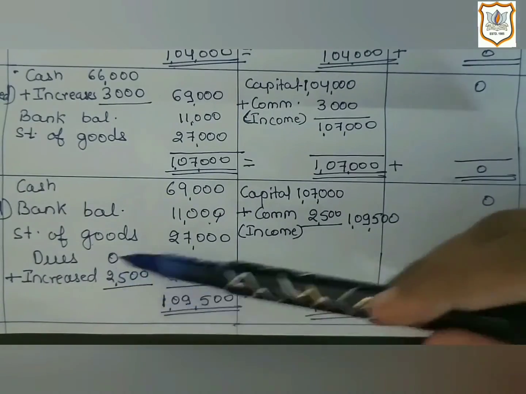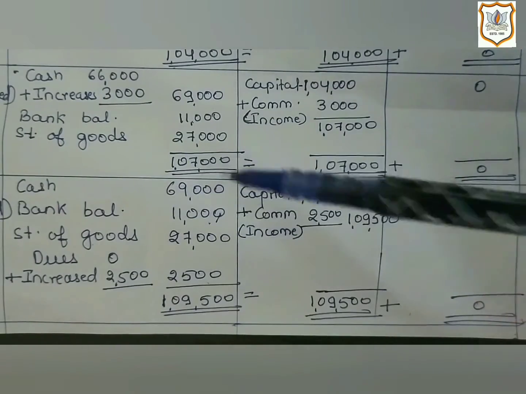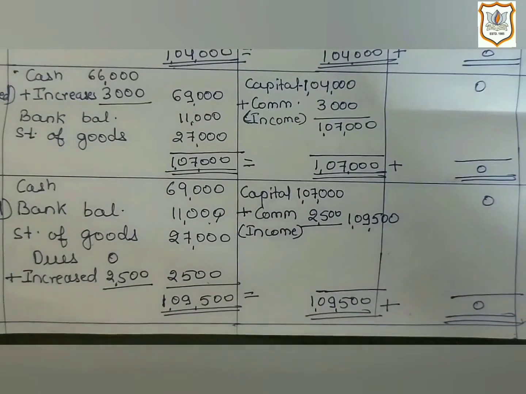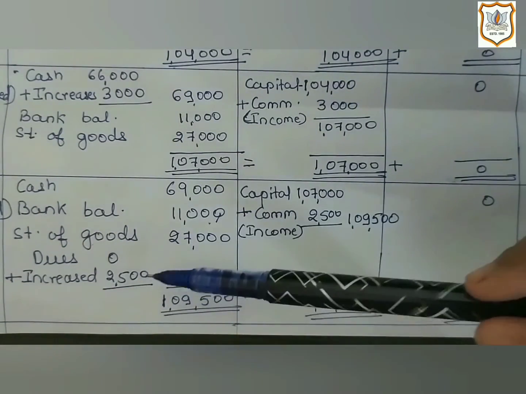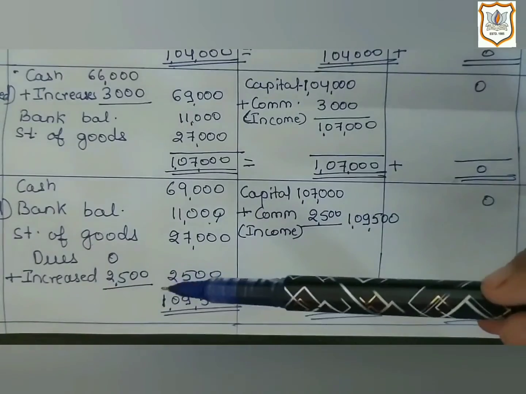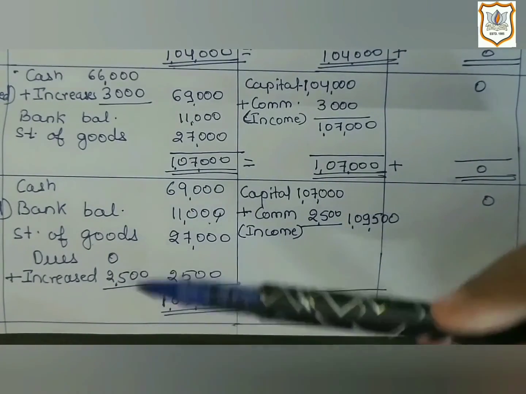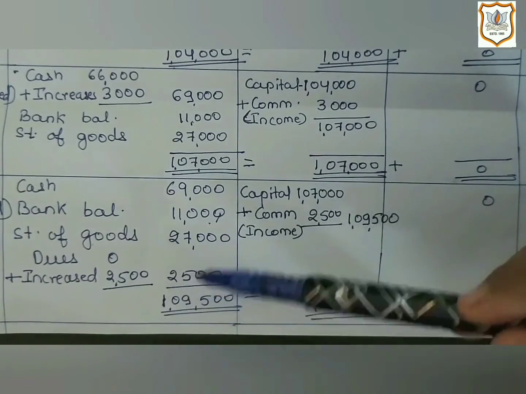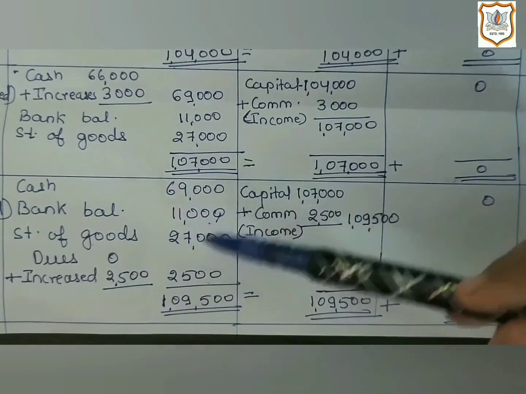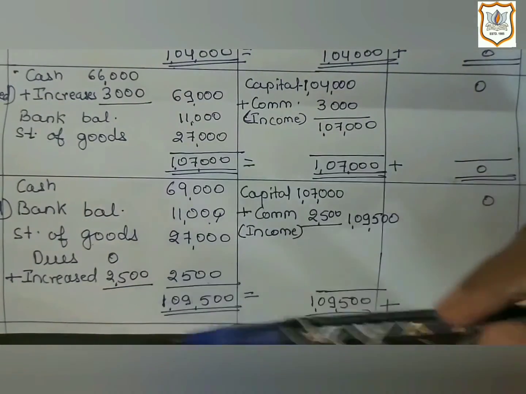It is 2,500. So any receivable, whatever amount we will receive in future, is an asset for us. So here the 2,500 commission amount is yet to be received. So it is a kind of asset for us. So it will be added to the total of asset.